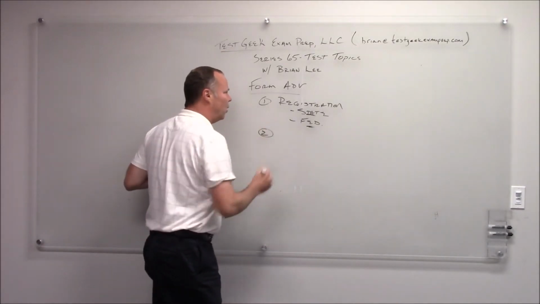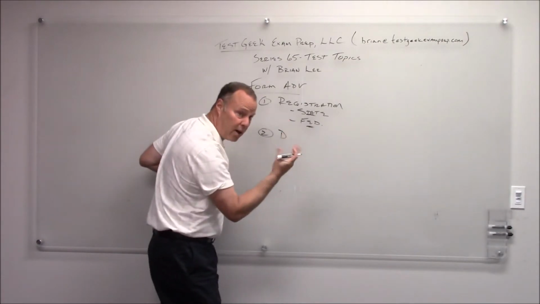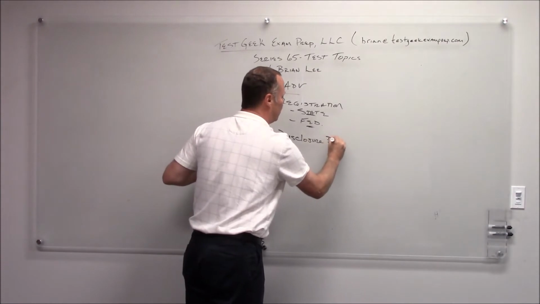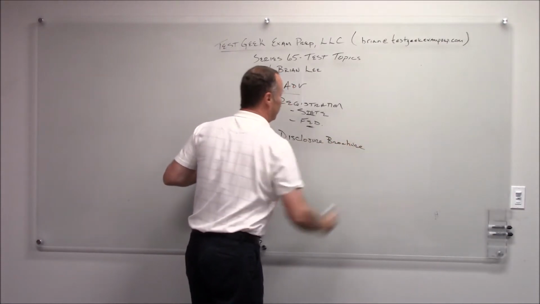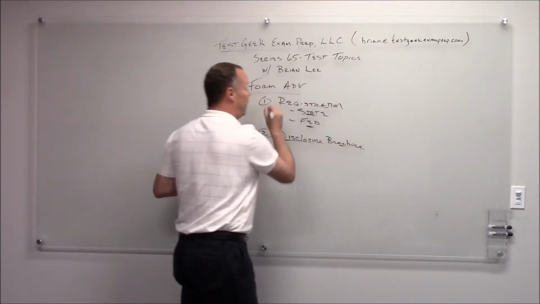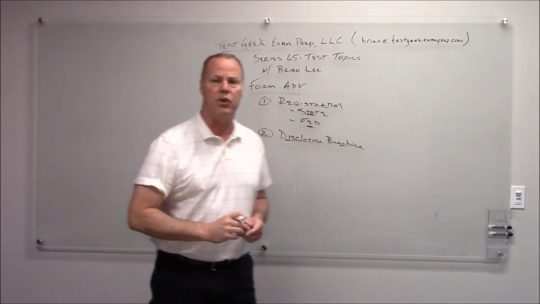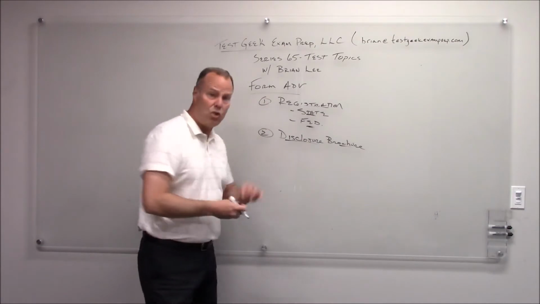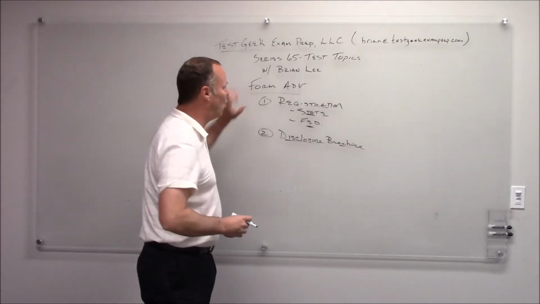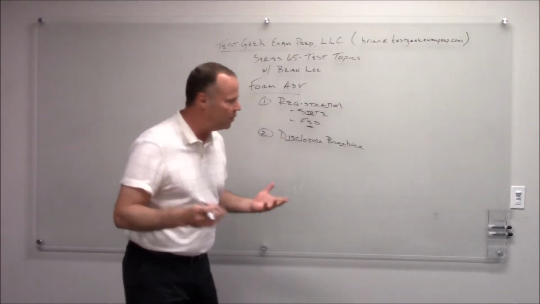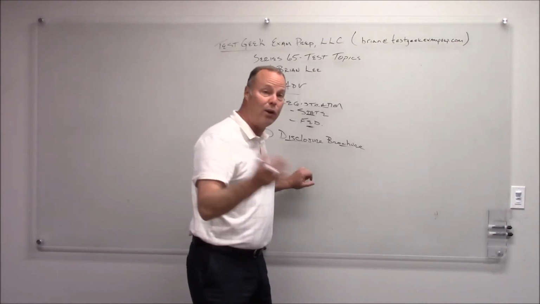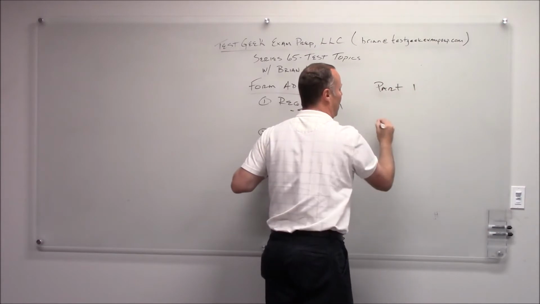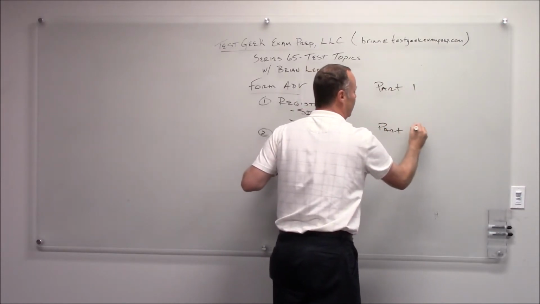It is also used, or at least part of it is used, as the Disclosure Brochure, which by federal law is required to be received by all investment advisor clients. Okay, so let's talk about generally what the Form ADV contains. You probably already know that it comes in two parts, Part 1 and Part 2.